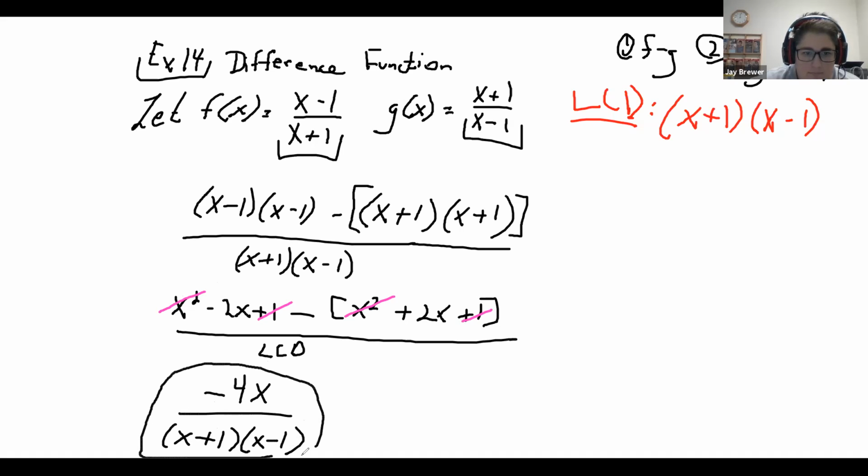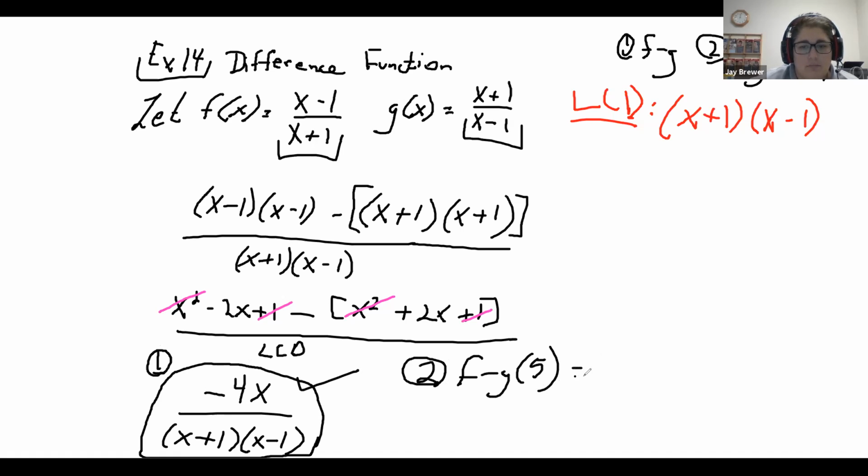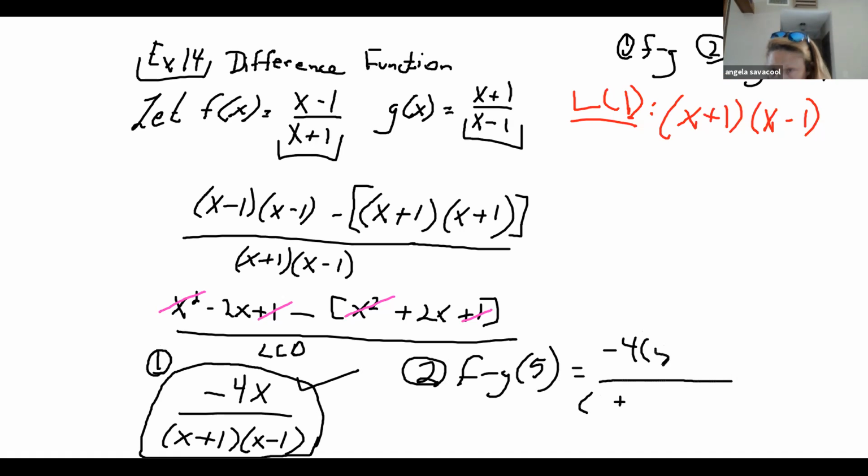Did we answer the complete problem? We answered it for number 1, right? Now we have to go in and evaluate it. So we're going to do f minus g at 5. Okay, so now what do we just have to do? Plug the 5 in for x.